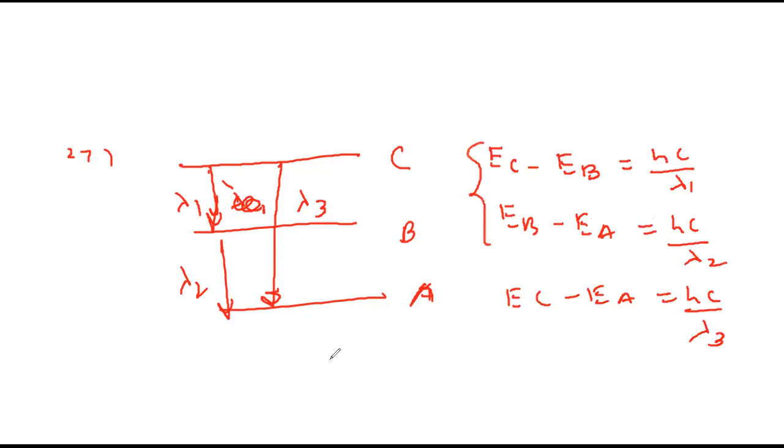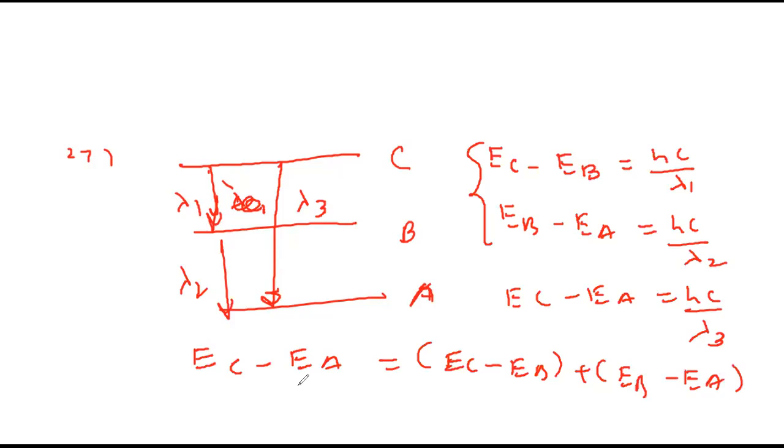If we add these two, then we get Ec minus Ea, that is nothing but Ec minus Eb plus Eb minus Ea. So hc upon lambda 3 is hc upon lambda 1 plus hc upon lambda 2. hc will get cancelled.